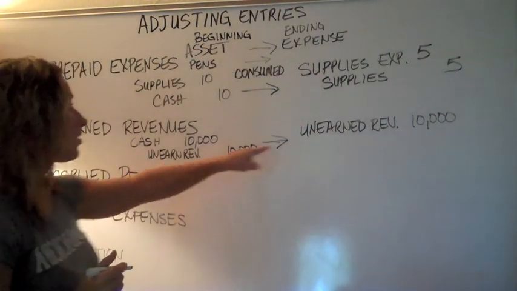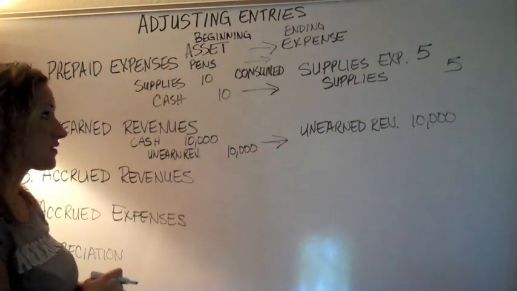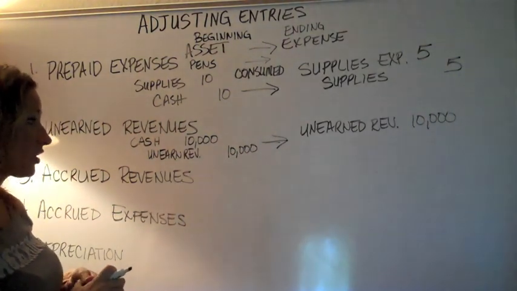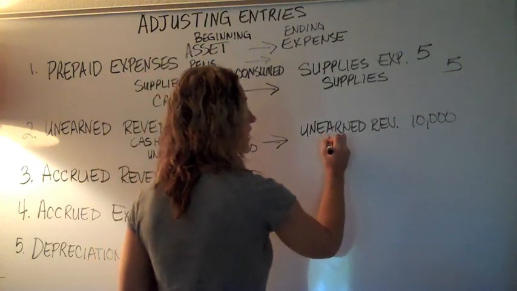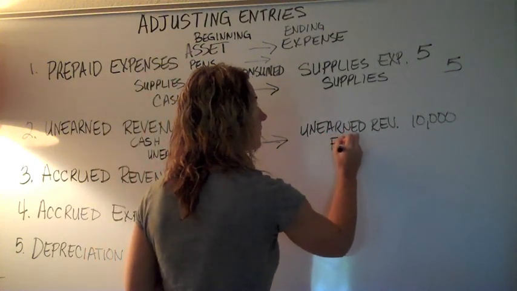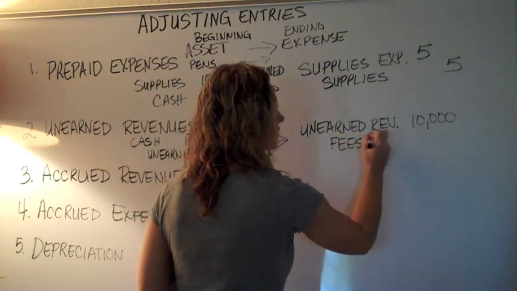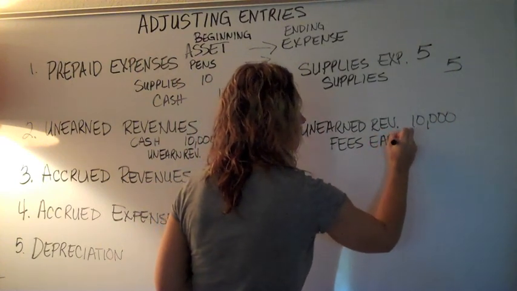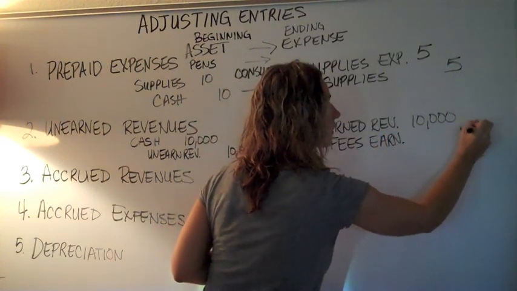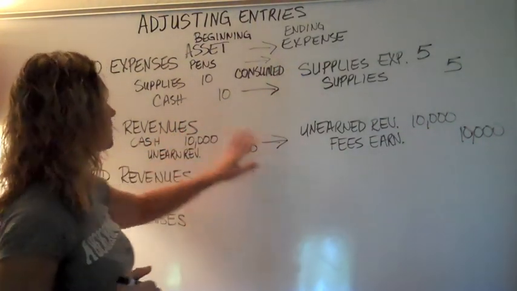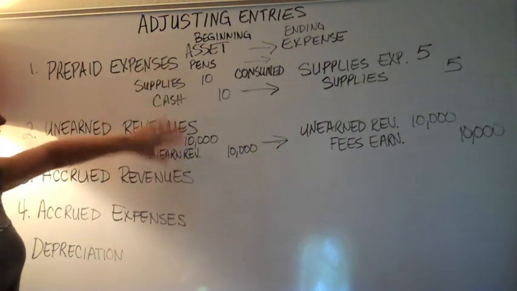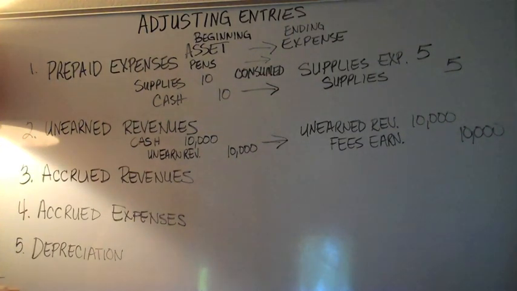We have a credit here and a debit here for the same amount, so that's going to cancel each other out, and we no longer have a balance in the unearned revenue, and we're going to classify it as earned revenue. Let's just call it fees earned. This side is our adjusting entries. These are the entries that we use whenever we first receive the money or purchase something.